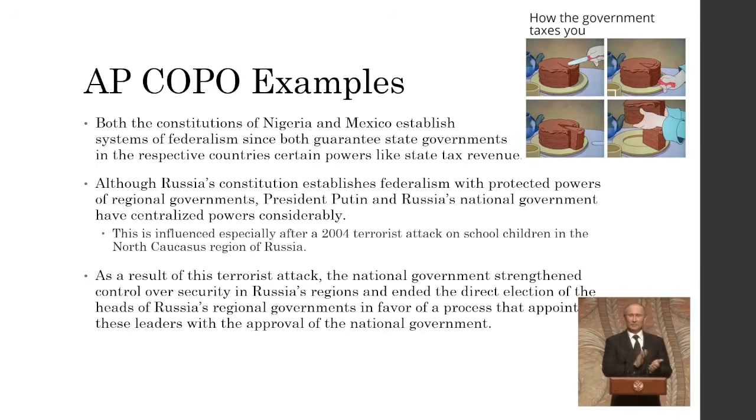As a result of this attack, the national government strengthened control over security, because that's a security concern, in Russia's regions, and ended the direct election of the heads of Russia's regional governments. So instead of electing the regional government heads, there's a process now where they appoint these leaders with the approval of the national government. It's not that cool anymore. Not that democratic either.